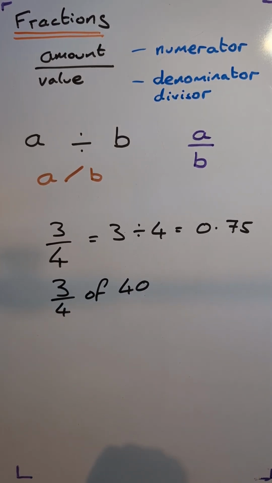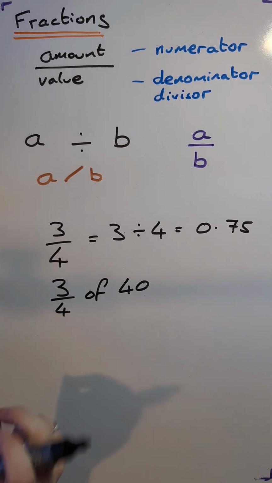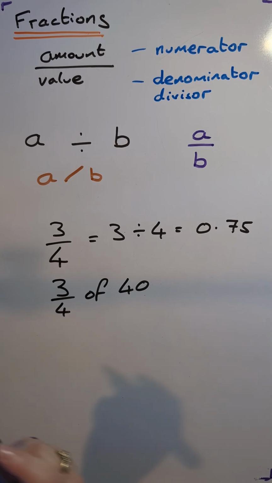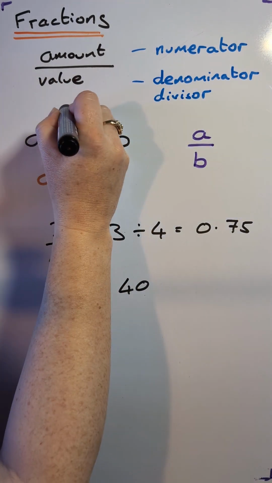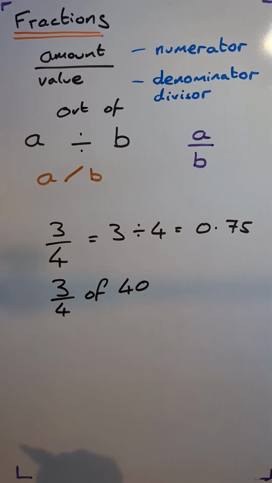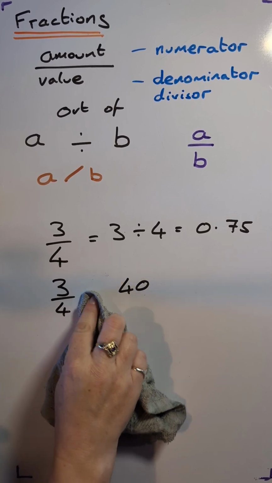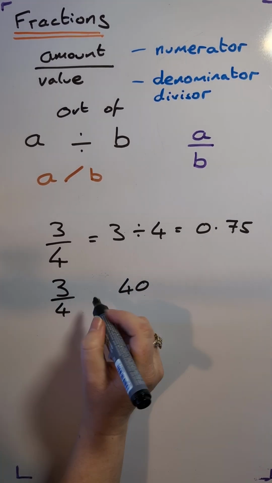Okay, when you have a fraction of an amount, of in maths is a times, out of is a divide. So we might also call this out of. So 3/4 of 40, I can replace that word of with a times.